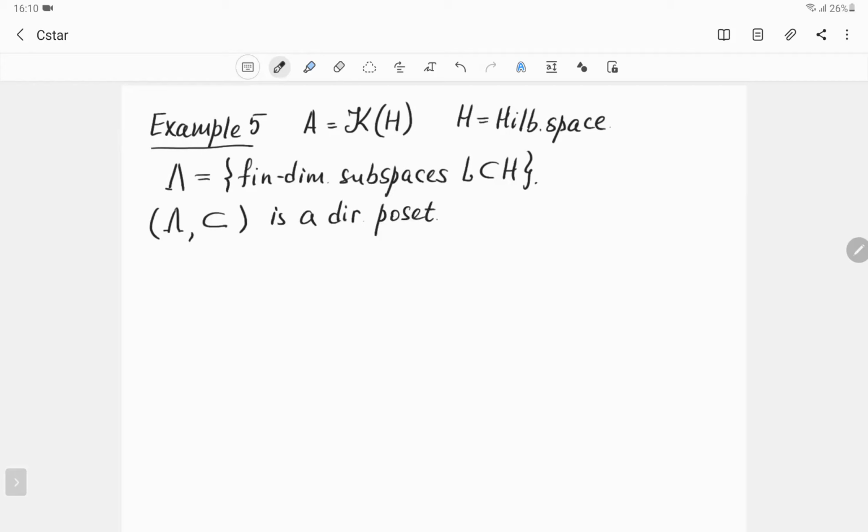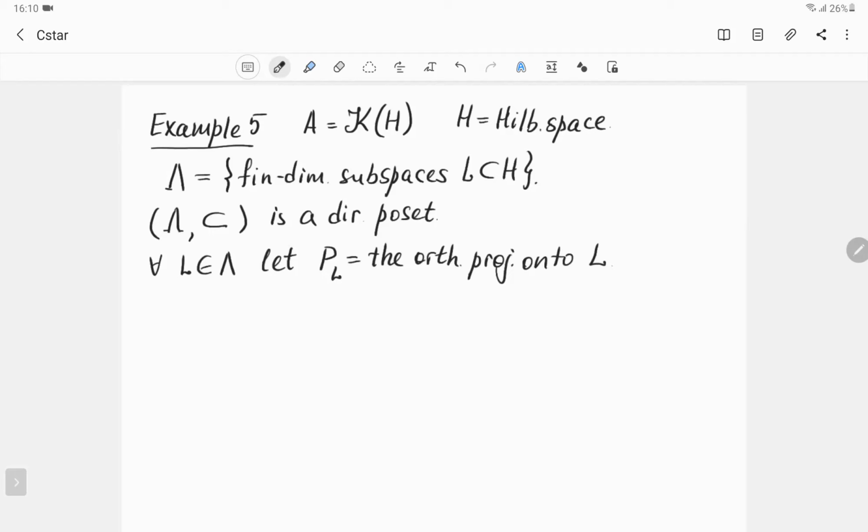If we have two finite dimensional subspaces, then their algebraic sum is also finite dimensional. This implies that this poset is directed. Now, for each finite dimensional subspace L of H, let PL denote the orthogonal projection onto L. It is a compact operator because it is a finite rank operator.